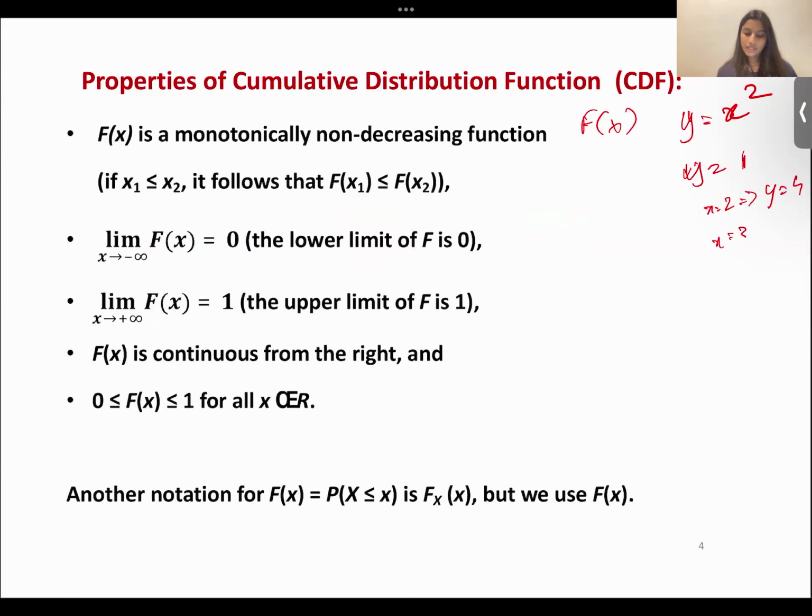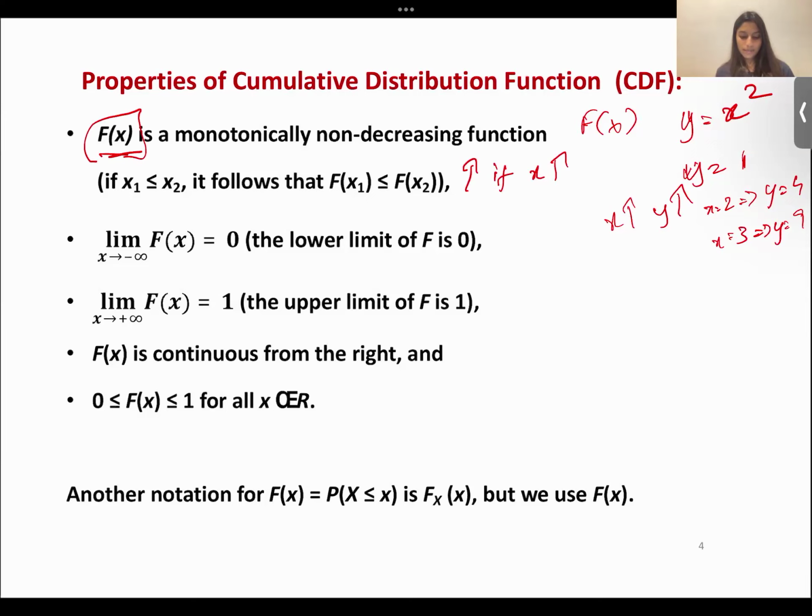If x is 3, y is 9. So if x increases, y also increases. This is similar: your F of x, the CDF, increases if your value of x increases, so F of x1 is always smaller than or equal to F of x2.